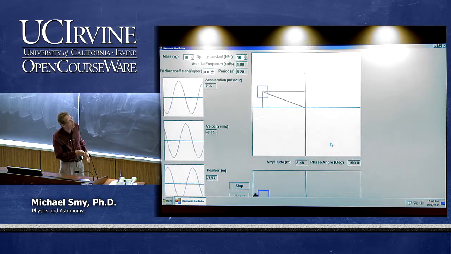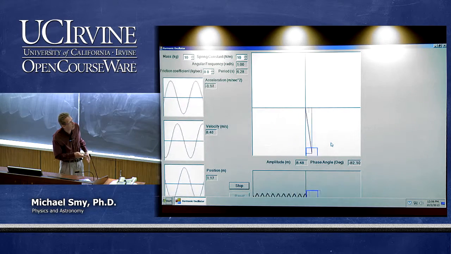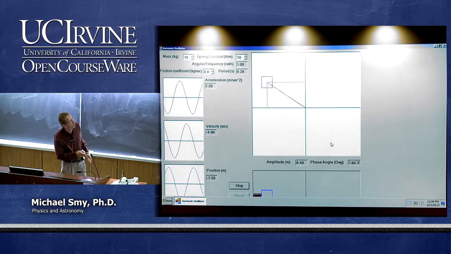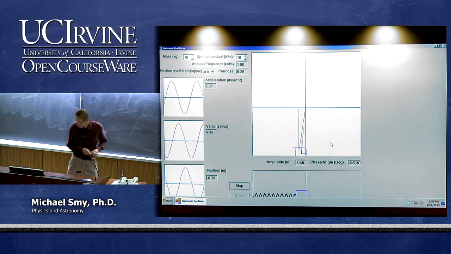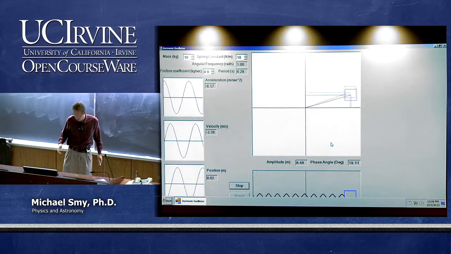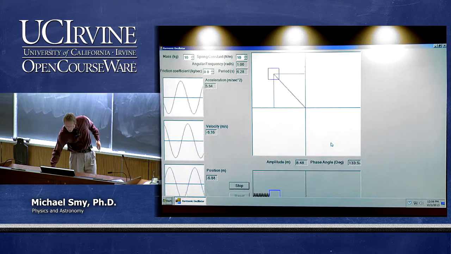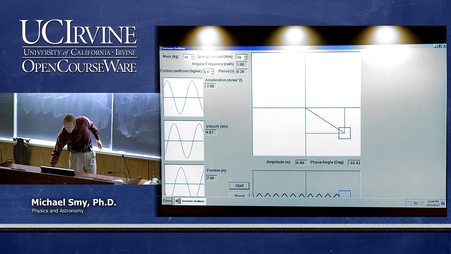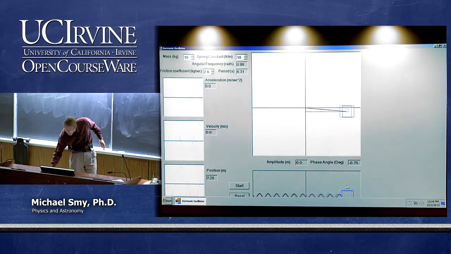So the distance is indicating the amplitude of the motion, and the angle with respect to the x-axis is the phase angle phi. It's a function of time. So let's stop this real quick and now add a little bit of damping to it.